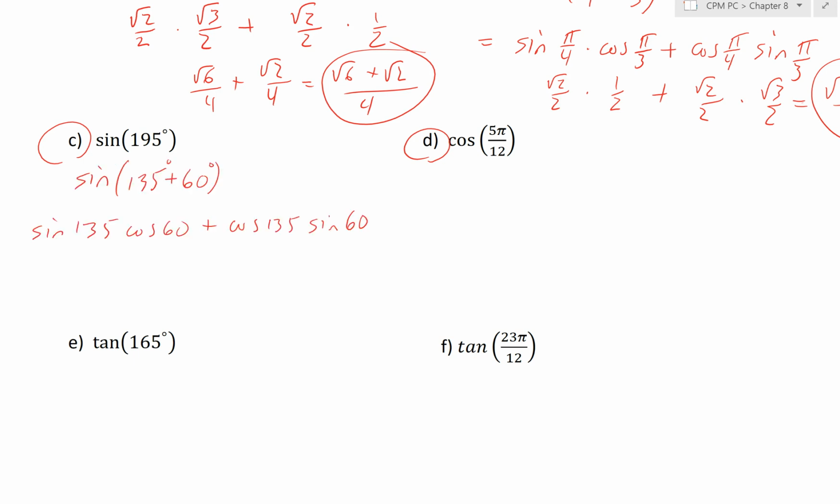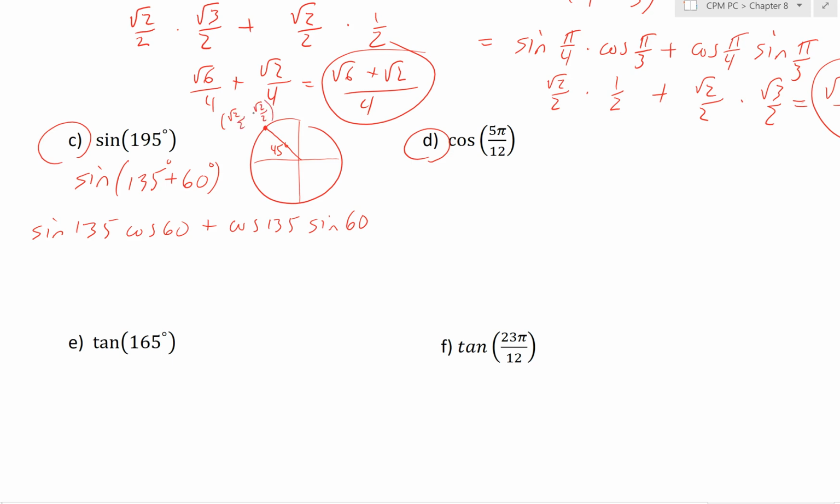Okay, so as we mentioned, there are a lot of options for breaking up 195. So 135 plus 60 is one possible way to do that. So then I would do sine of 135 cosine 60 plus cosine 135 sine 60. And sine of 135, if we picture the unit circle, 135 is over here. It's got a 45-degree reference angle. And so we know at 45 degrees, both coordinates have a root 2 over 2 in them.